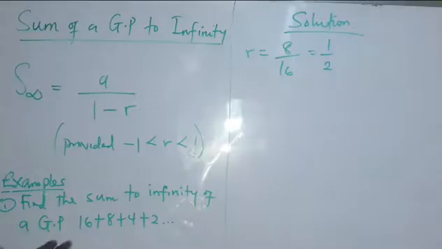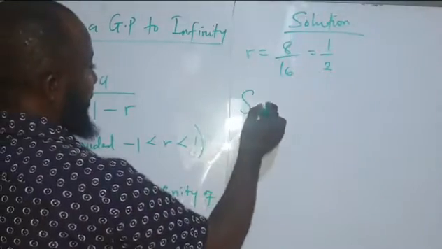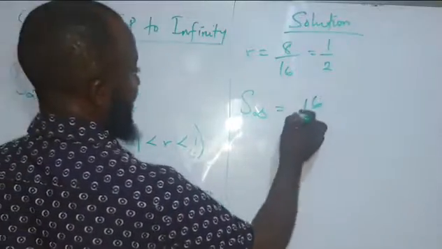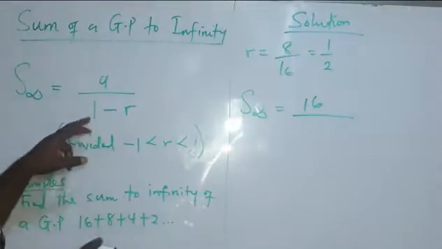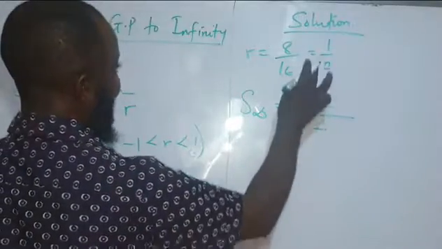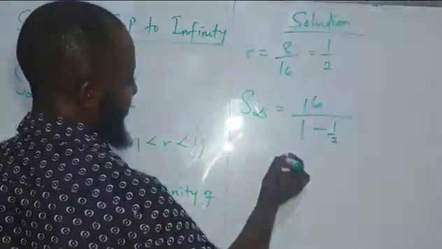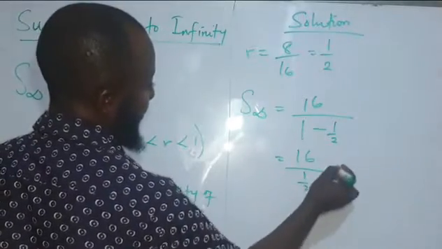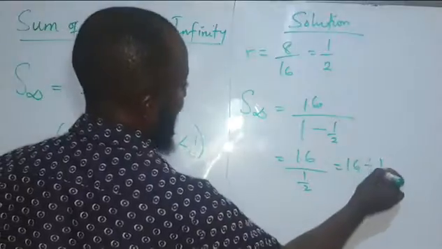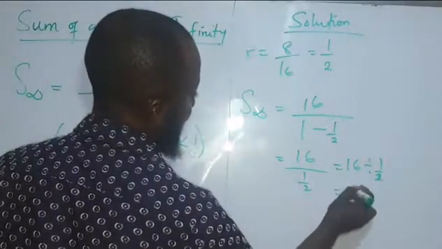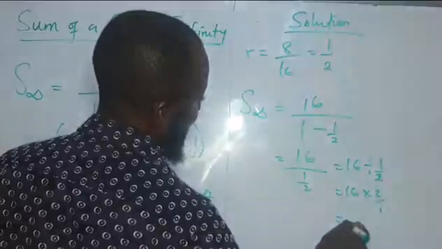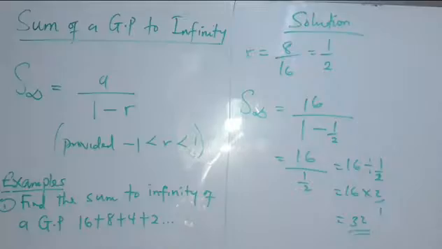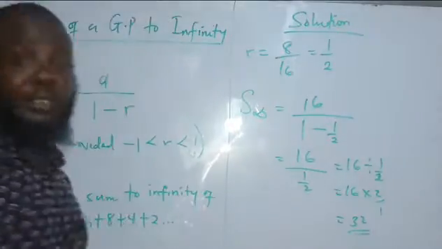So in that case, to apply this, sum to infinity will then be equal to the first term, which is 16, divided by 1 minus r, that is half. That means we have 16 divided by 1 minus half, which is half, so 16 divided by half. That is 16 times 2 over 1, that is 32. So sum to infinity of this GP is 32. I hope this is very clear.